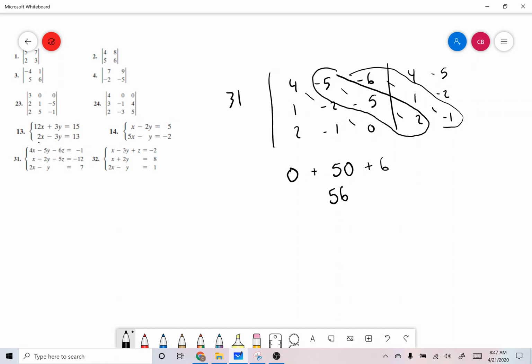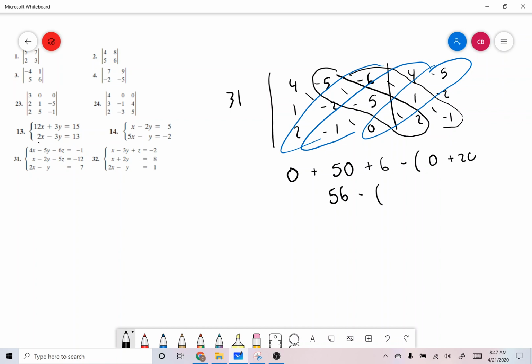And then we're going to go backwards. So we're going to do these ones, and these ones. So we have minus 5 times 1 times 0 is 0. 4 times -5 times -1, that's plus 20.